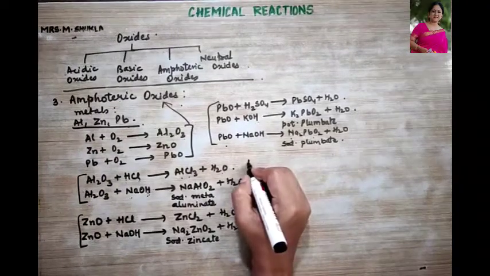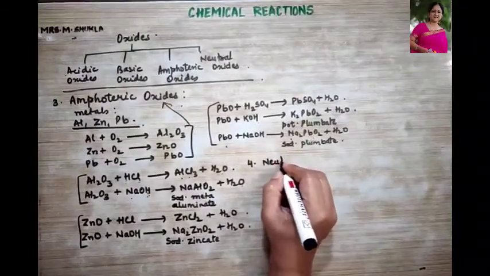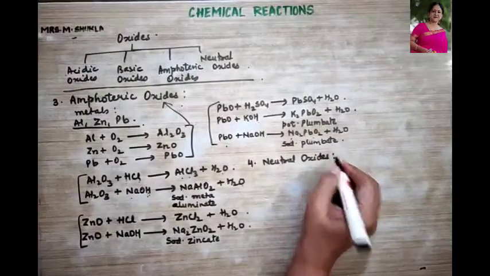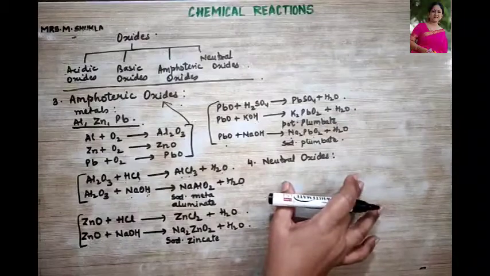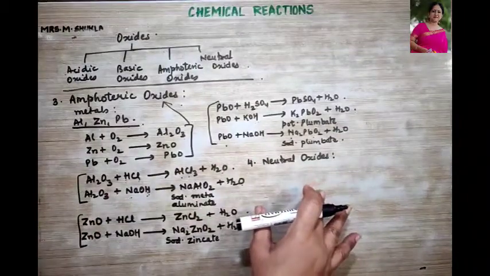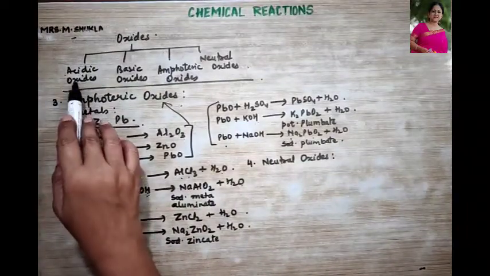Last but not the least, we come to the fourth kind of oxide, that is your neutral oxide. Why are they called neutral oxides? Because they are neutral towards litmus. They show no change in the color of the litmus. For example, acidic oxides turn blue litmus red.